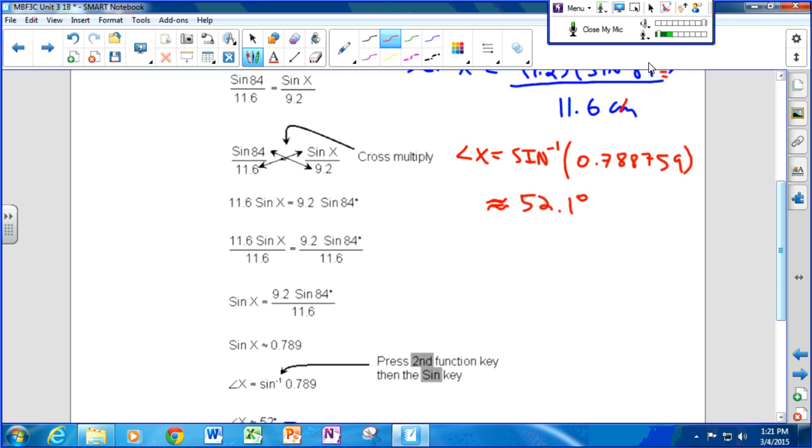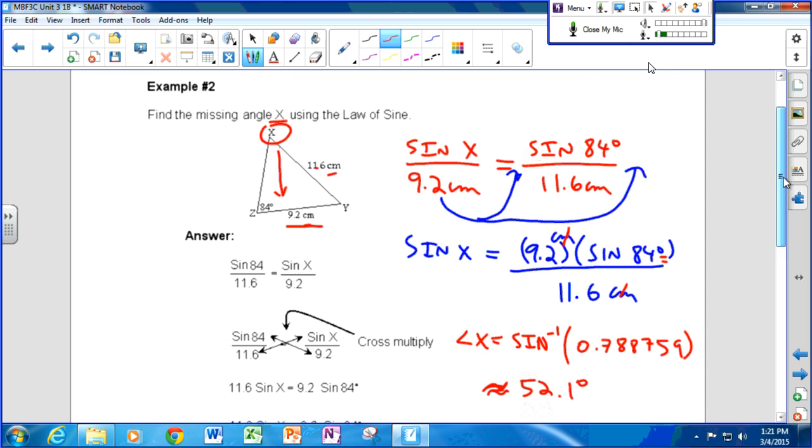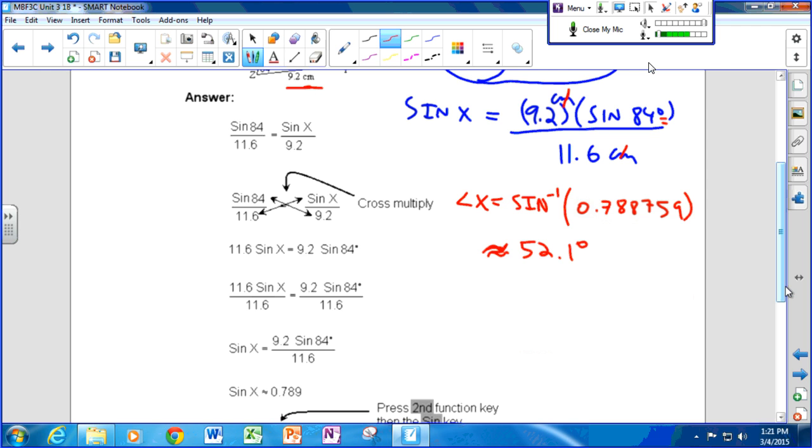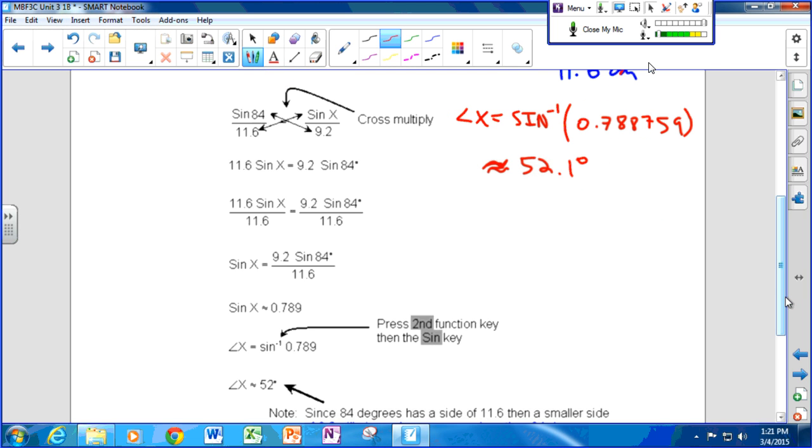I'll use that wavy equal sign. Now, they were only giving us measurements to 1 decimal place, so I think 1 decimal place is probably good. They're showing here, press the second function and then the sine key.